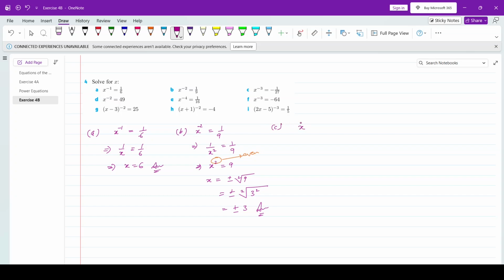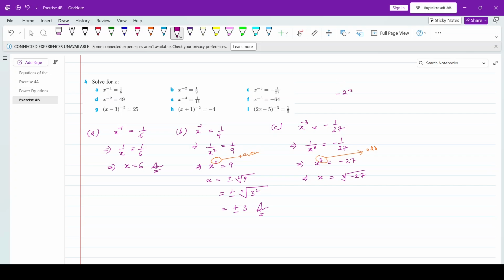See, x raised to the power negative 3 is equal to negative 1 divided by 27. So this becomes 1 divided by x raised to the power 3 is equal to negative 1 divided by 27. So x raised to the power 3 is equal to negative 27. And x is equal to, now we know this is odd, therefore this simply becomes the cube root of negative 27.